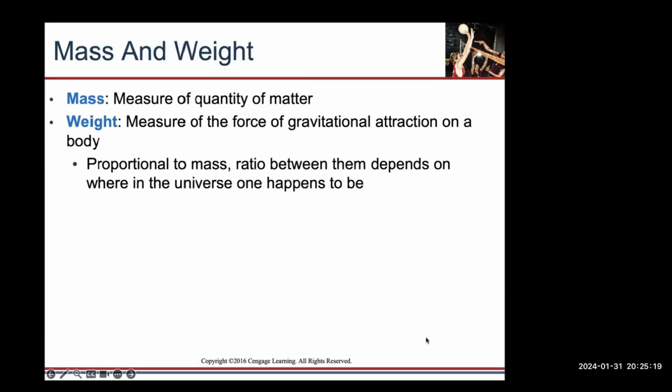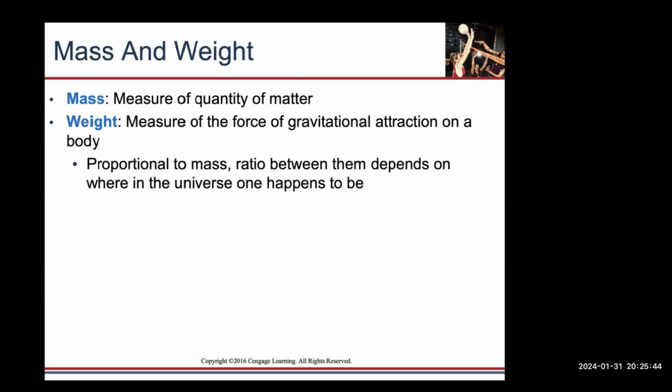So when we talk about mass, we're talking about the measurement of the quantity of matter. When we talk about weight, we're talking about the measurement of the force of gravitational attraction on a body. So mass is independent of gravity, whereas weight is dependent on gravity.